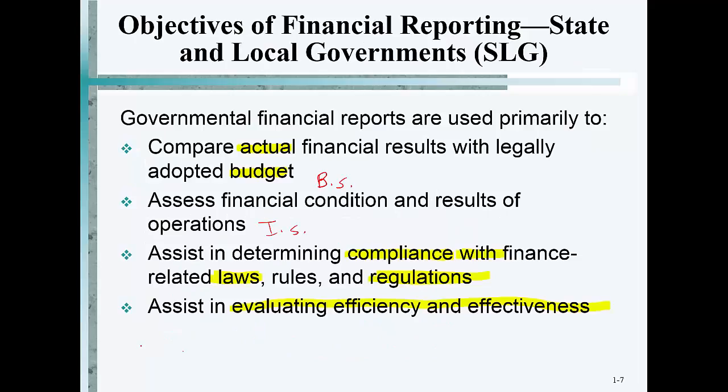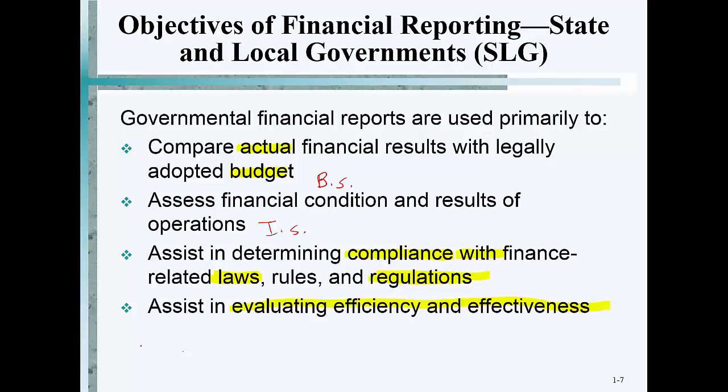Now, when we deal with these governmental reports, we're going to see that we are going to be dealing with actual data, but we're also going to be dealing with budgetary data as well. Now, this is where folks say, oh, governmental accounting is so hard, because you're going to have to sit there and learn not only the actual accounting, but also how do we set up our budgets, okay?